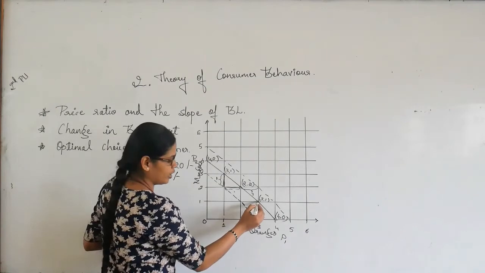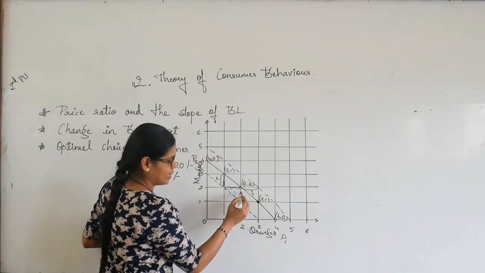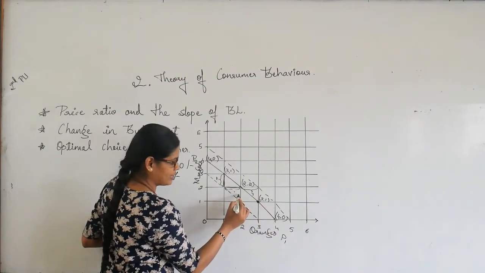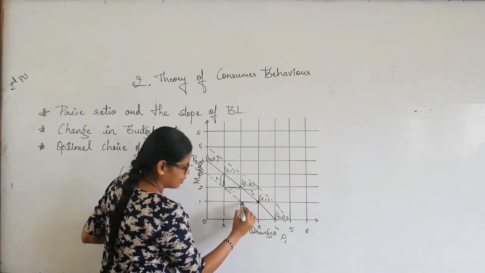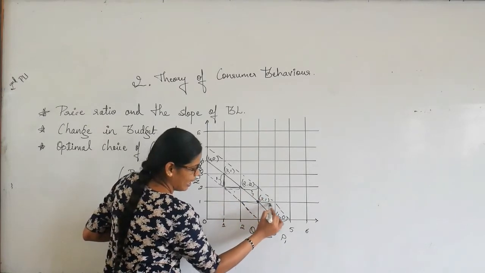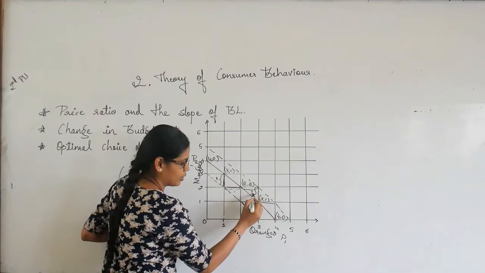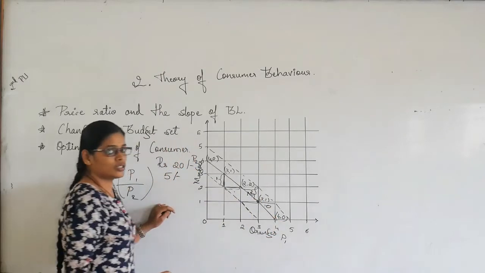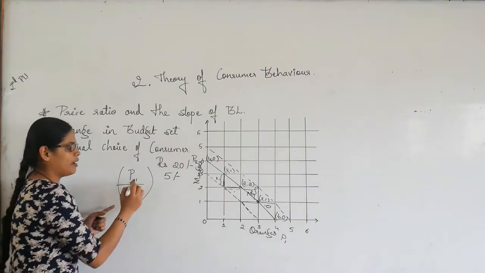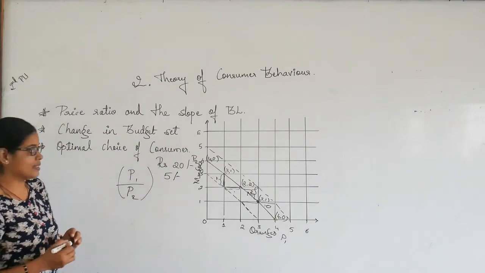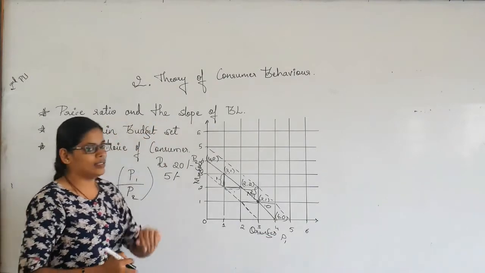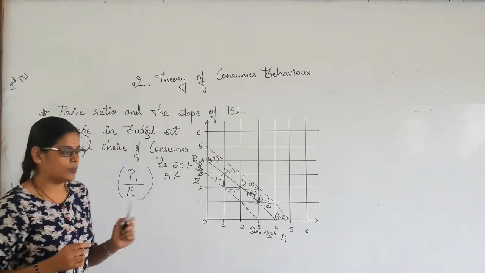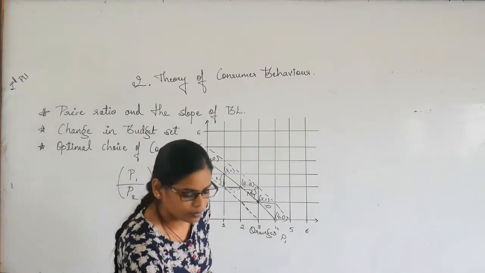So if you go to this point, he is sacrificing this mango to get this orange. That is denoted by P1 by P2. That's the price ratio and the slope of the budget line. I hope this is clear for you.